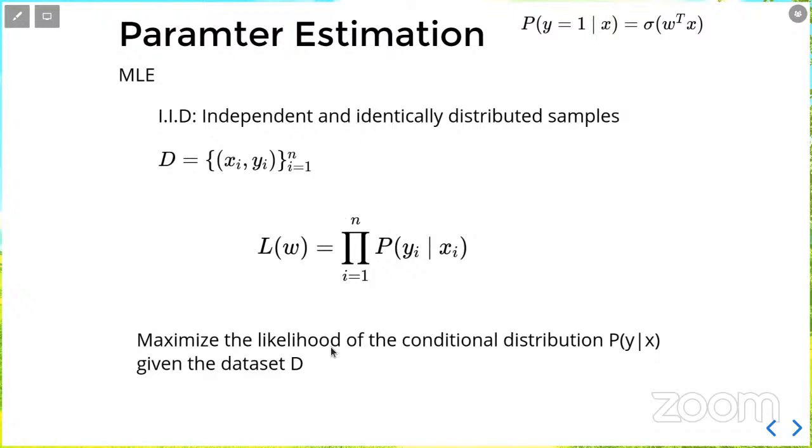Once you have the likelihood, since we are working with probabilities, if you multiply the probabilities of n numbers, where each of them is between 0 and 1, you will end up working with very small numbers. So it's always easier to work with the log of probability. So we take the log of likelihood.